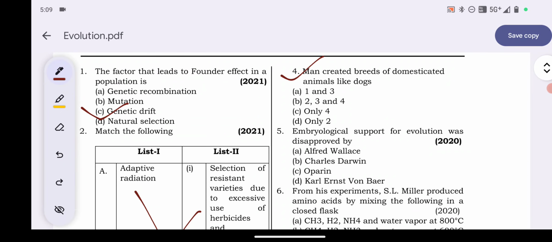So our answer will be option B, 2, 3 and 4.